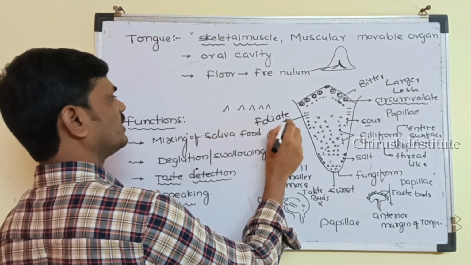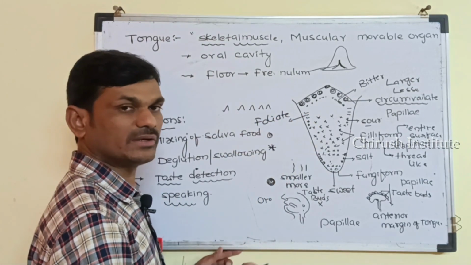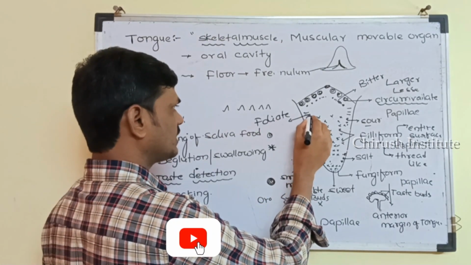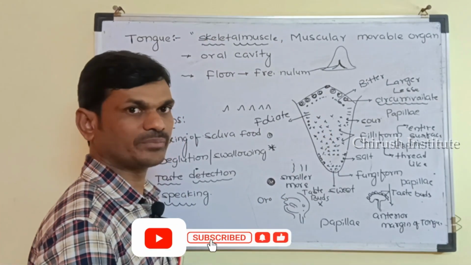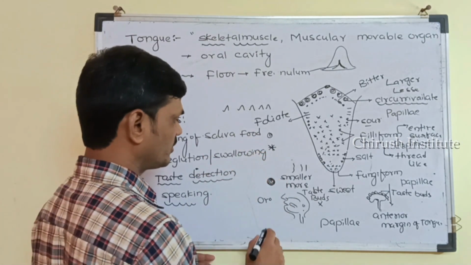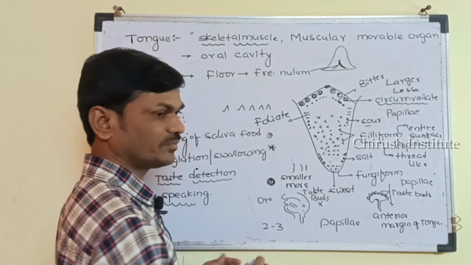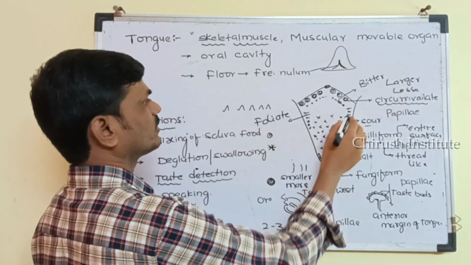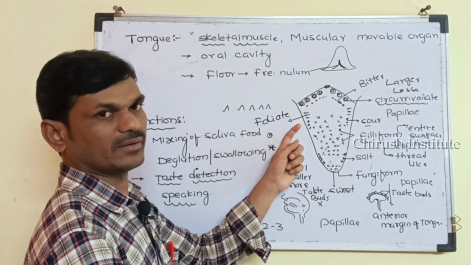These are functional and present in herbivorous animals like the rabbit, and they are non-functional or rudimentary in human beings, active only up to 2 to 3 years of age. Later, they are nonfunctional.